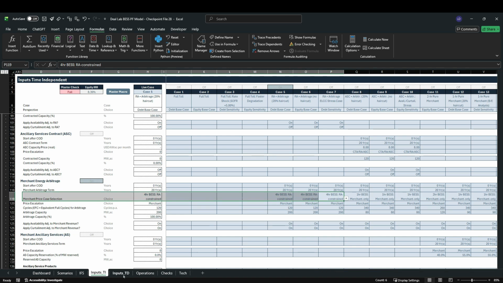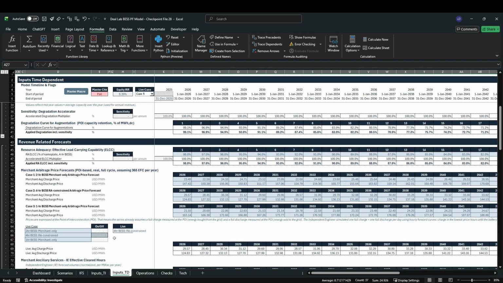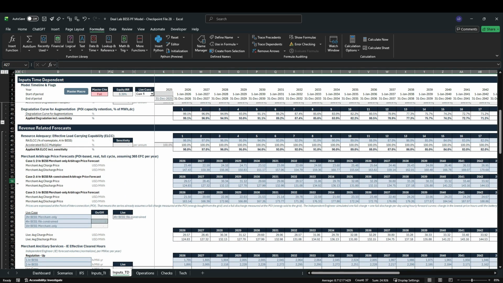And the arbitrage itself is constrained because here in those 3 rows you will notice that our average charge price tends to be slightly higher than in our fully merchant cases. The fully merchant cases being those 2. And our average discharge price tends to be lower.